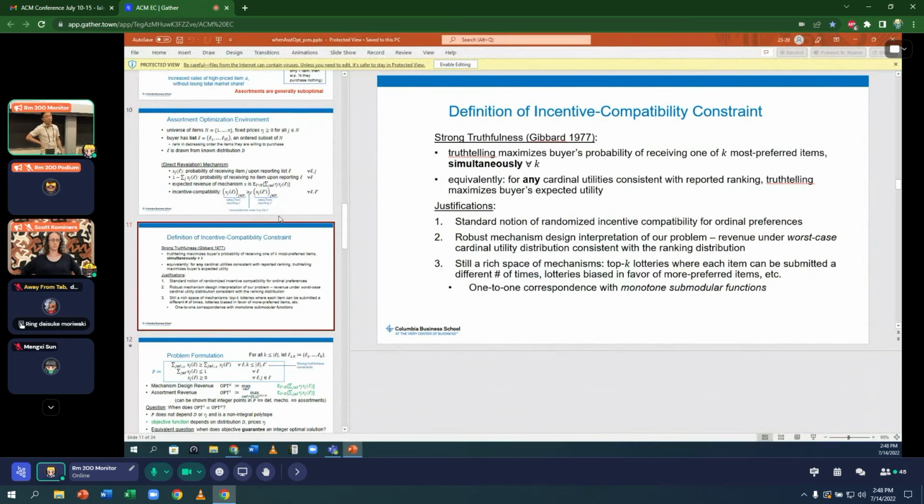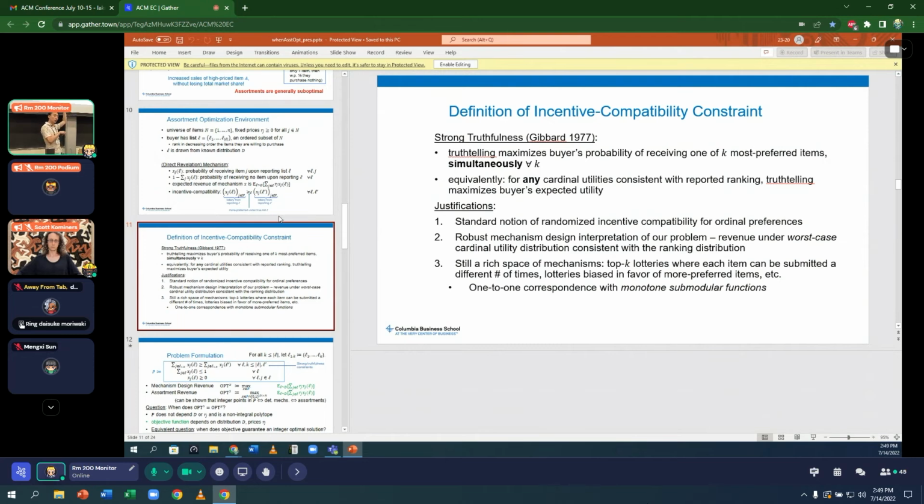So the question was, can I elaborate on the specific definition of ordinal truthfulness? Basically, I'm imposing a fairly strong one, which says you essentially have stochastic dominance in telling the truth.